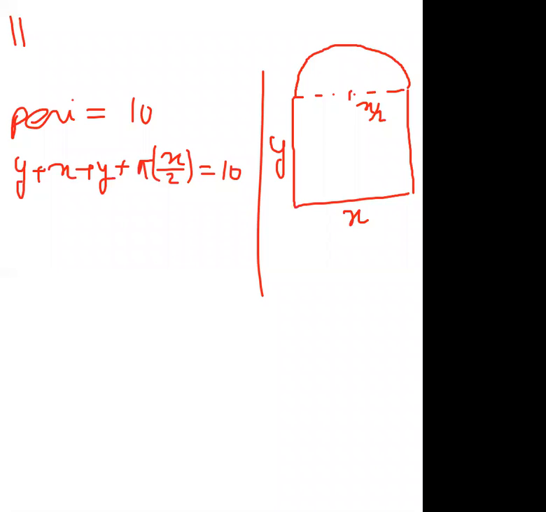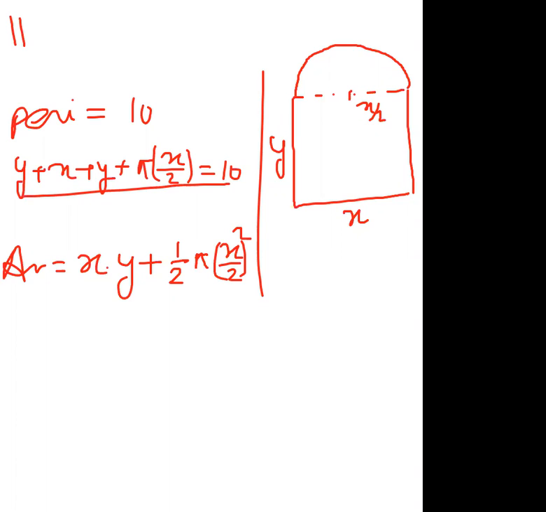The next part says find the dimensions of the window to admit the maximum light, meaning area. Area will be length into width, meaning x into y, plus the area of the semicircular opening, that will be half of pi r square. R is x by 2 whole square. Now we need to convert it into one variable. So from this part, I'm going to put the value of y into the other.